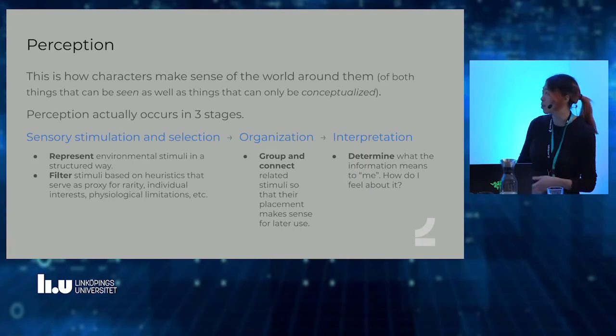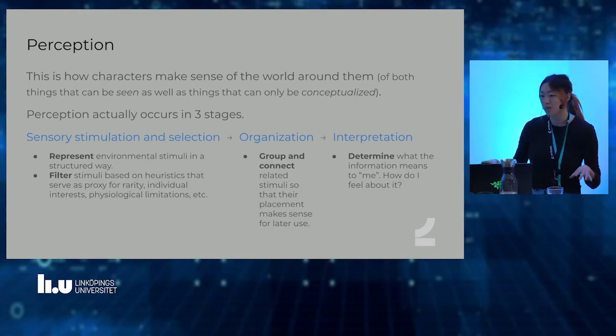From a technical perspective, this involves representing environmental stimuli in the game world in a structured way, and then creating some heuristics, whether hard-coded or based on machine learning, that filter that stimuli to serve as proxies for what a character would actually pay attention to and what information we would store in their limited memory.